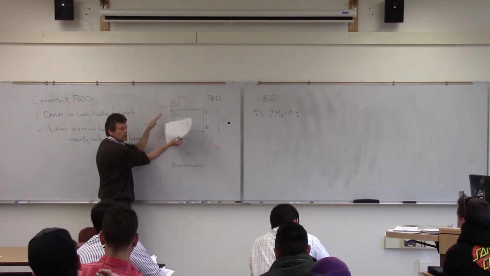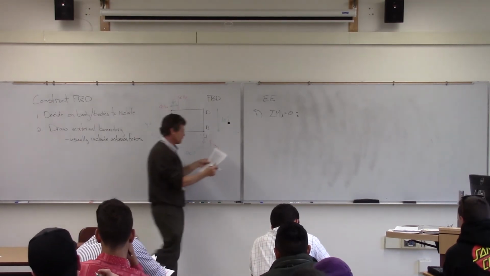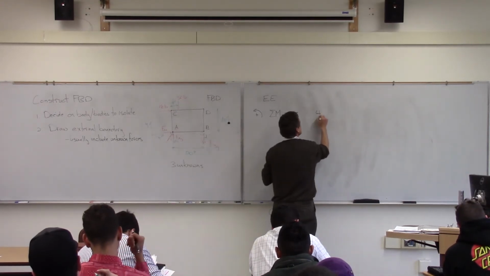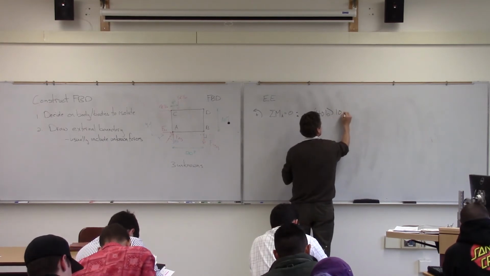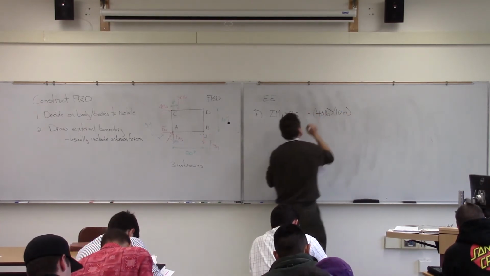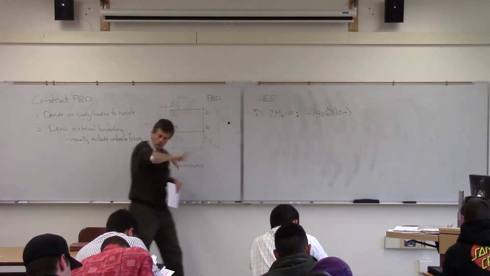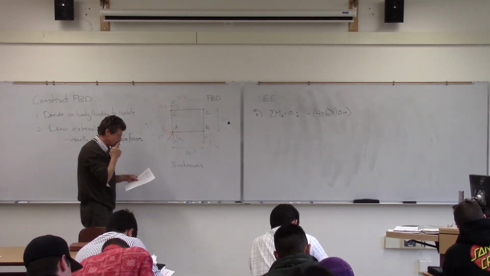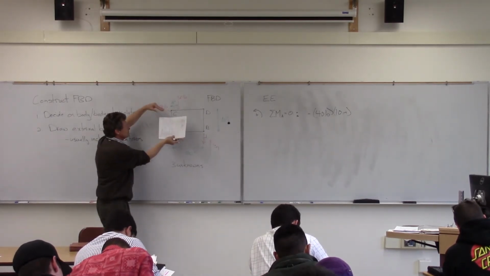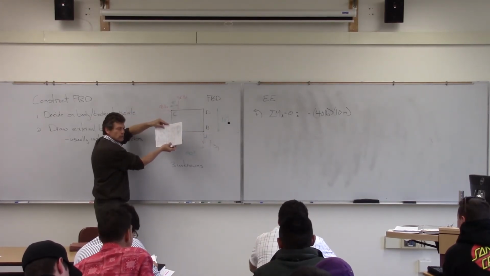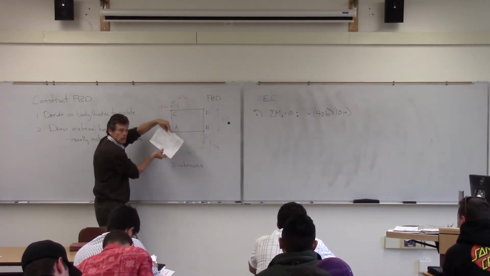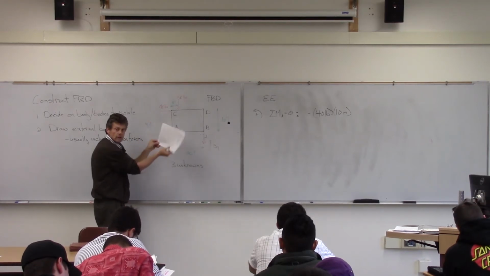It's going to want to twist the body now in a negative sense. So I'll have 40 pounds, 10 inches, and then a negative sign, because it's going to want to rotate me in that other sense. Think about the 50. So that 50 is 4 inches over, but again, it's going to want to push me this way, but it's also going to want to rotate about A, that same direction there.